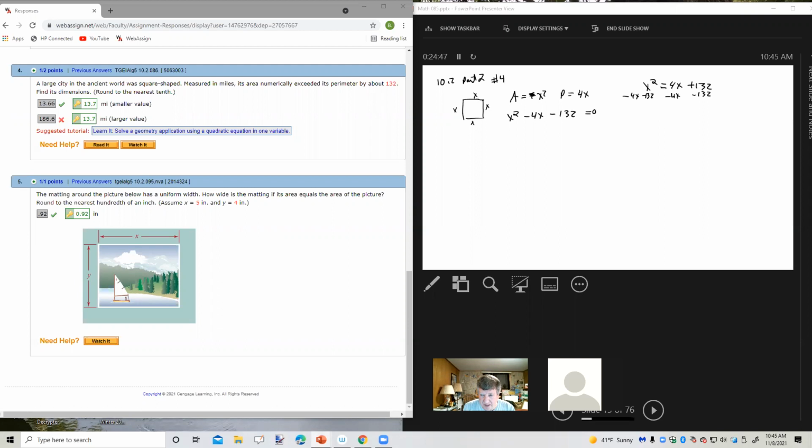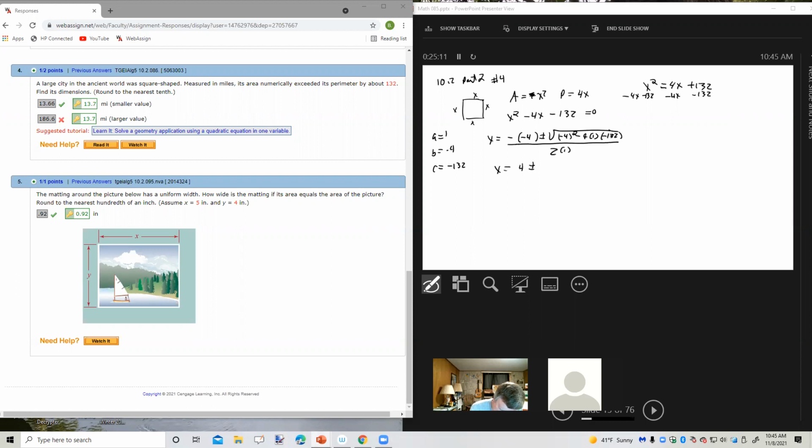Any questions yet? So A is 1, B is -4, C is -132. X equals negative b plus or minus the square root of b squared minus 4ac, all over 2a.